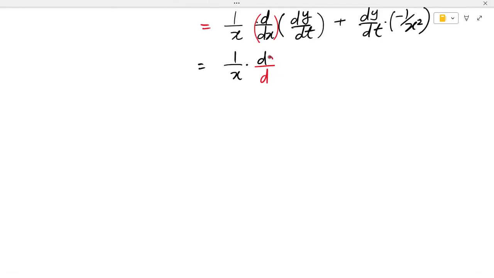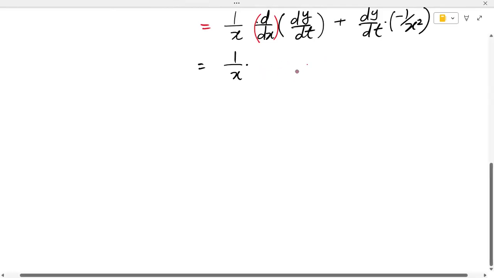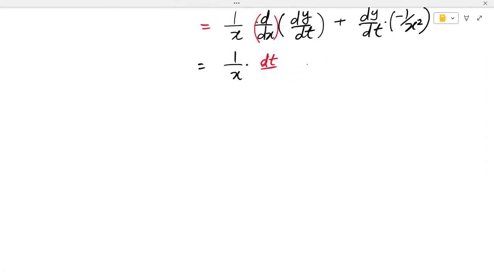Oh, no, this one. It is going to be dt over dx and d over dt of dy dt.